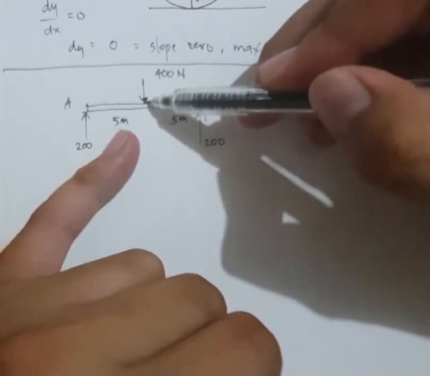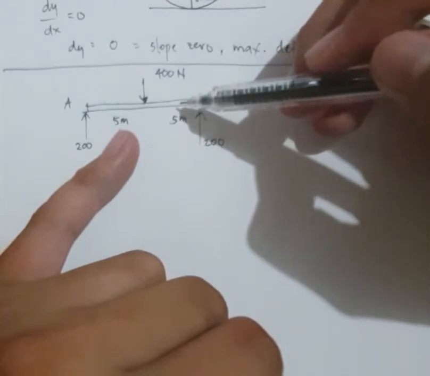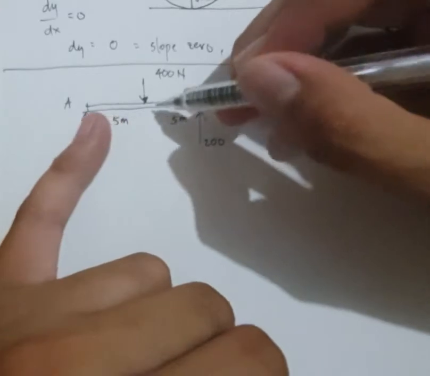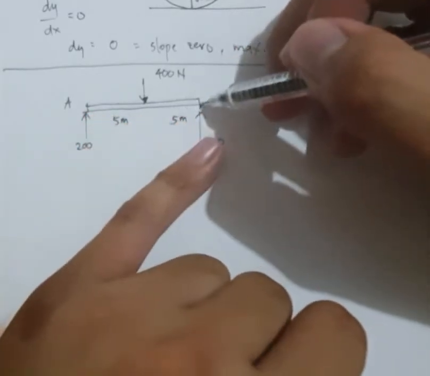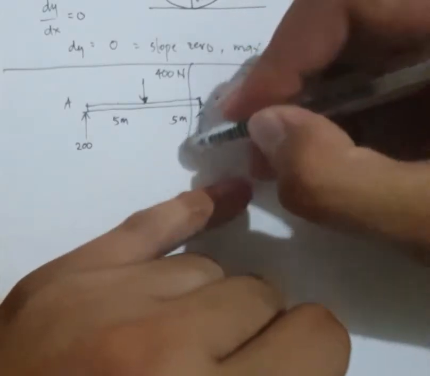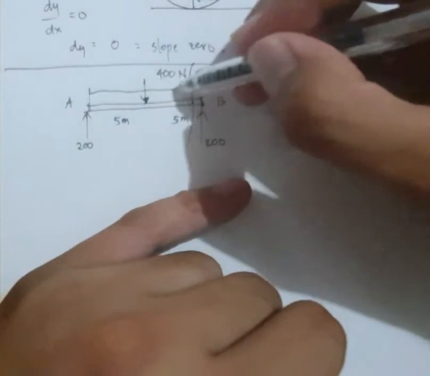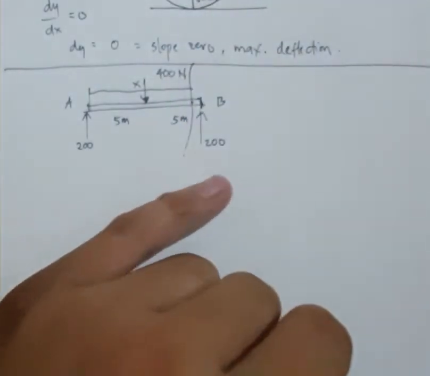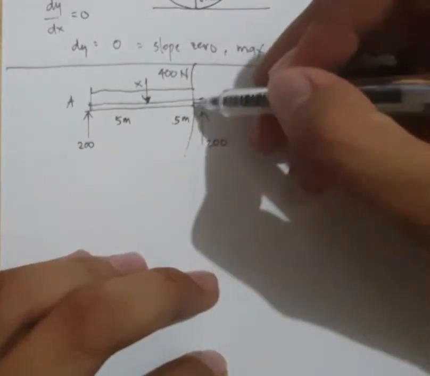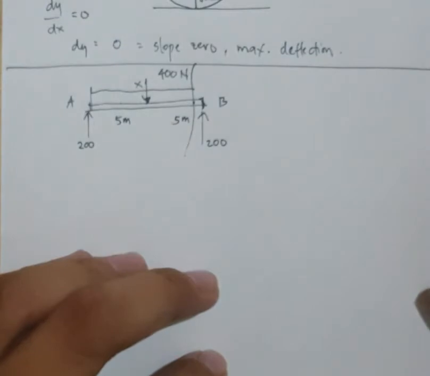So the most convenient way is to sum up moment at a distance farthest, but do not put it at the support since that is a reaction. So let's say a portion at a distance x from A. You will include the 400 and the reaction 200.